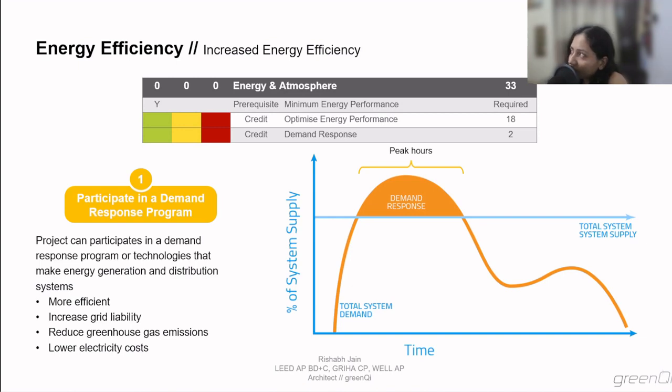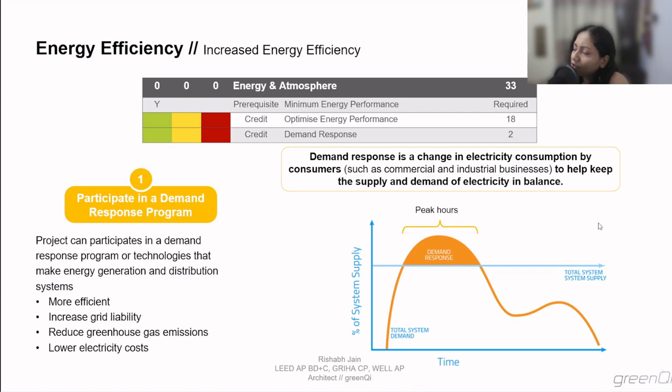To accommodate this, projects can shift their energy to a different energy source, or reduce their energy use at this time, so there's less burden on the electricity grid. This program is provided by the utility suppliers in the region, where projects can participate and then implement those strategies to shift their energy demands during the peak hours.